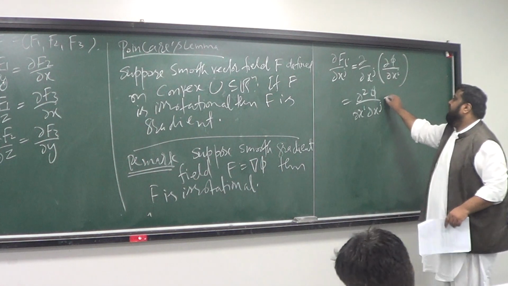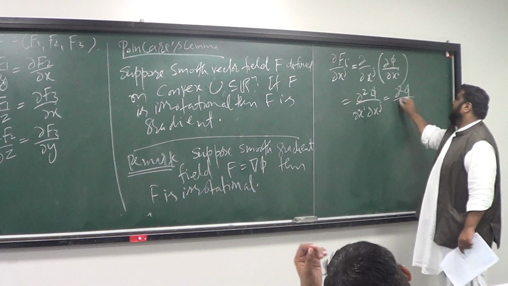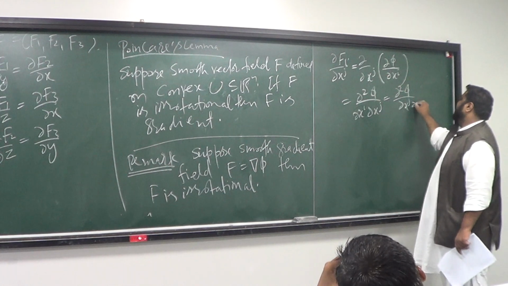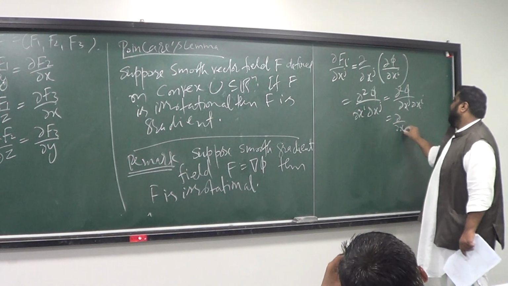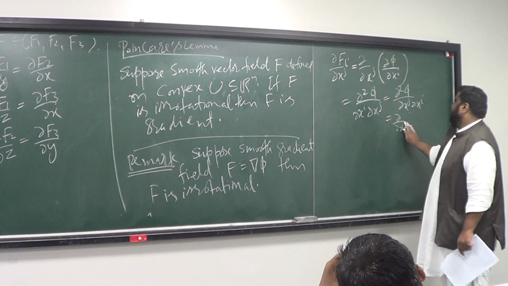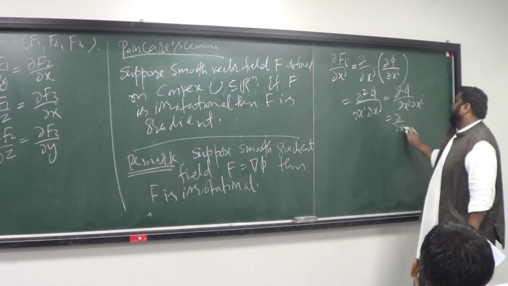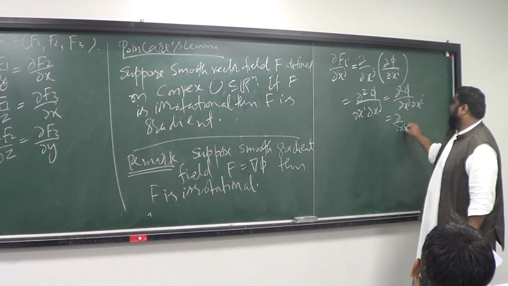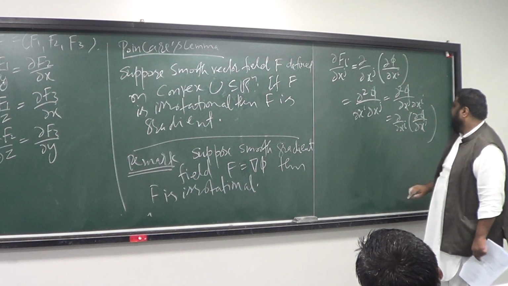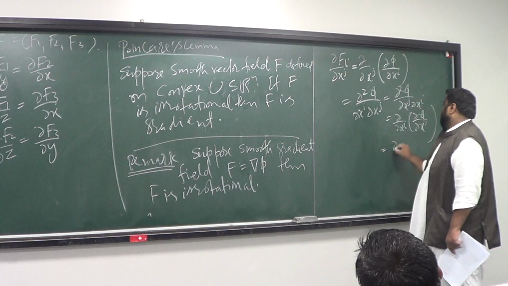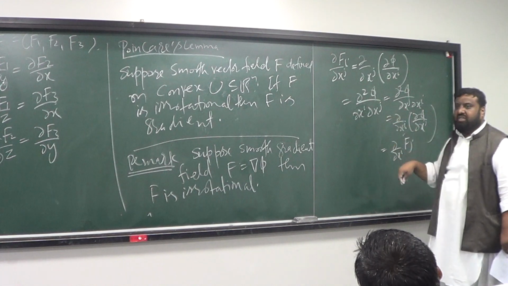So if this is the case, then since phi is smooth, I can say that this is going to be partial xj, partial xi, and obviously I can rewrite it. So I can write that as partial by partial xi of fj, and this is the same as partial by partial xj of fi. Okay, so you have the equality.